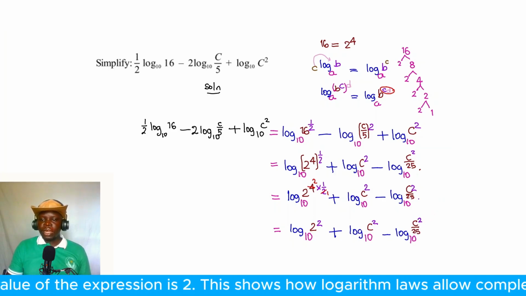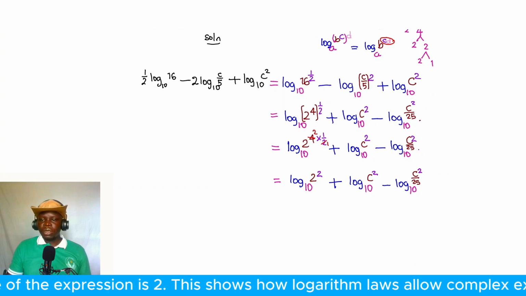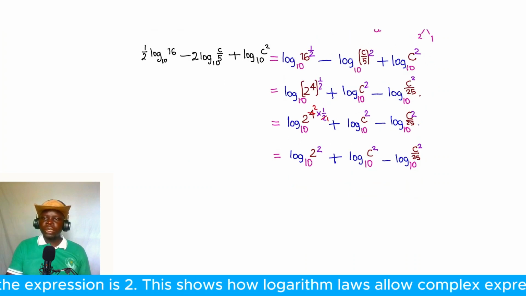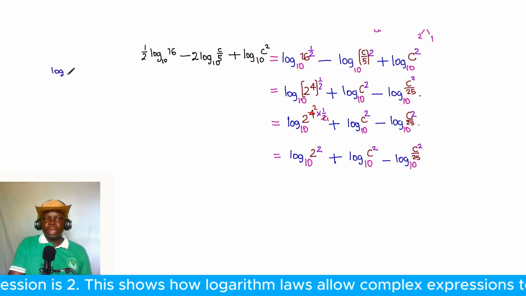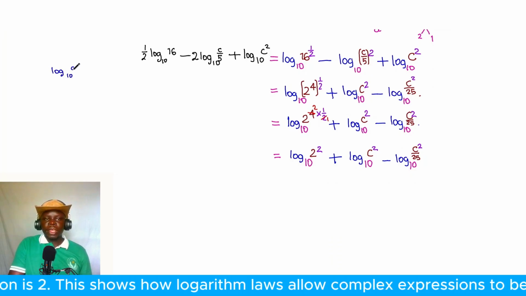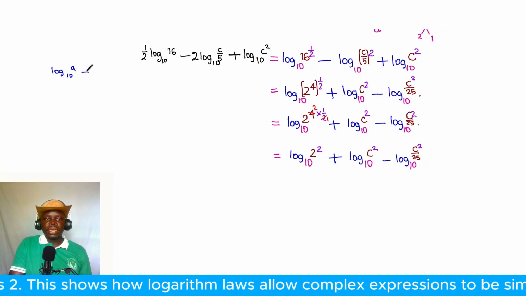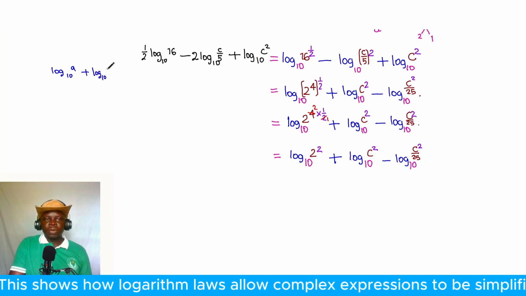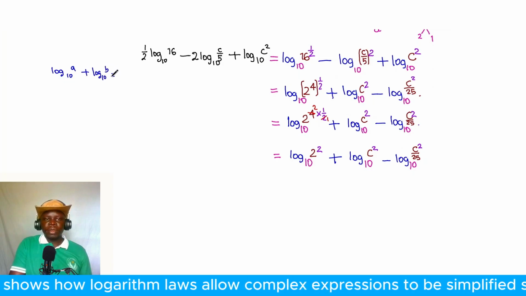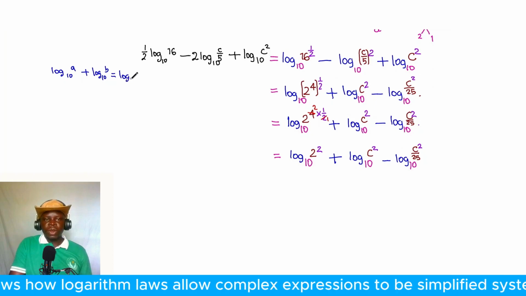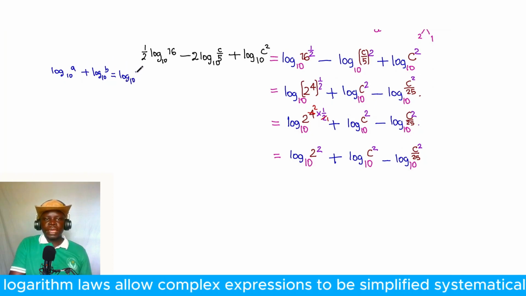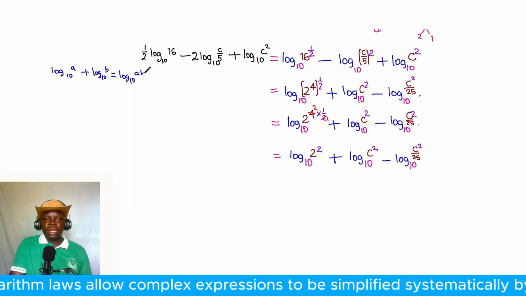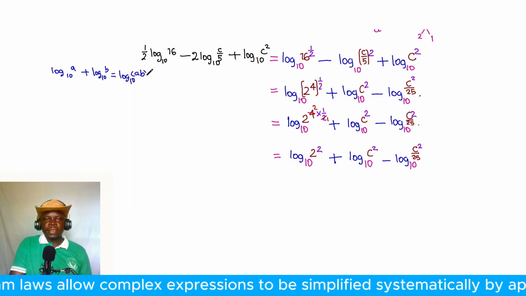Now let's move on and apply our first rule, and this rule is of addition. We can put it here. If you have logarithm to the base of maybe 10 of a, and you are adding this logarithm to the base of 10 of b, this can be combined to one logarithm to the base of 10, and since you are adding, we multiply the two numbers together, then it becomes a, b as a single number.